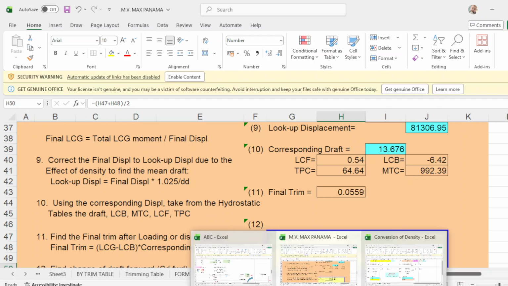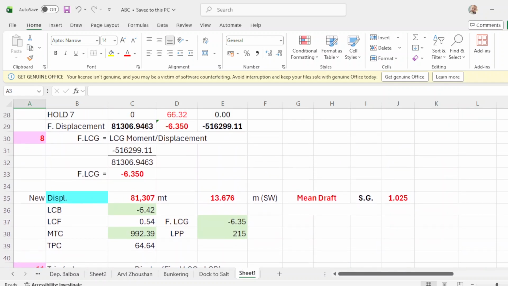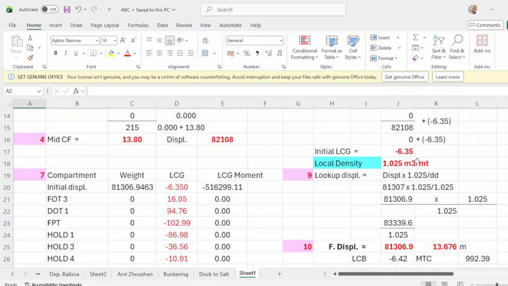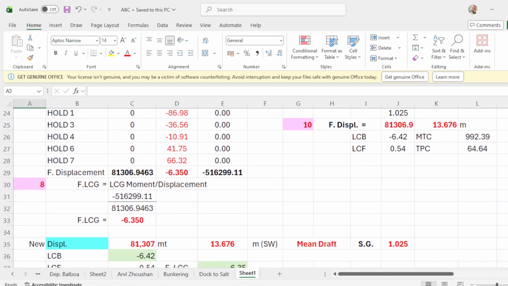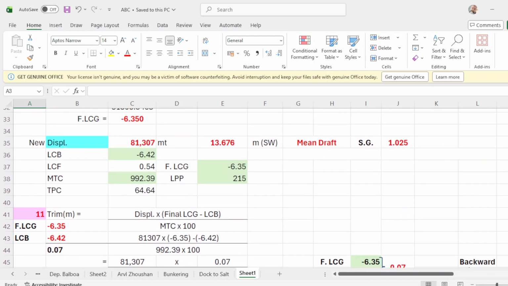By manual computation, it is displacement times final LCG minus LCB over MTC times 100. This is your final LCG of negative 6.35, and your LCB is negative 6.42.